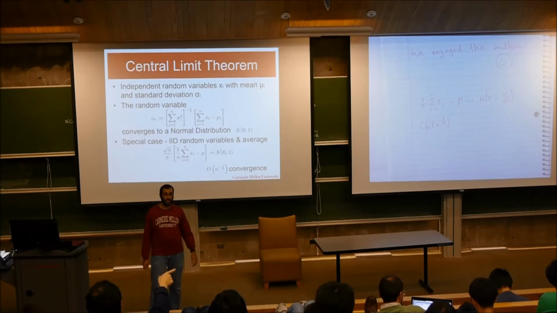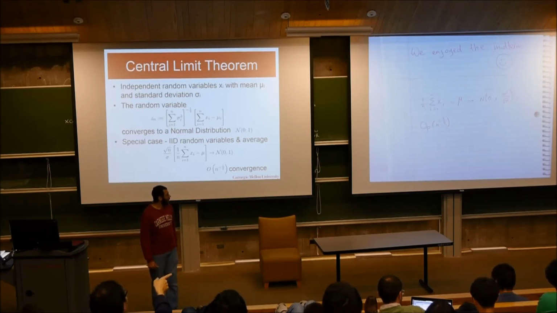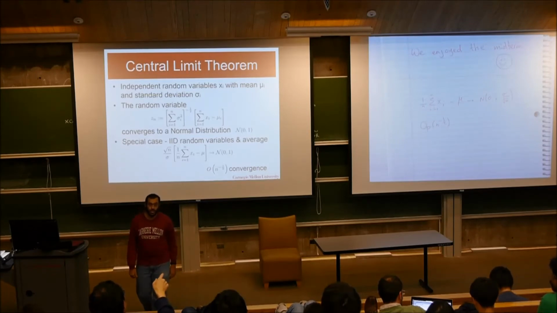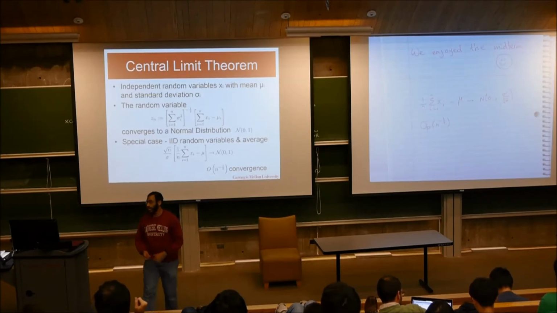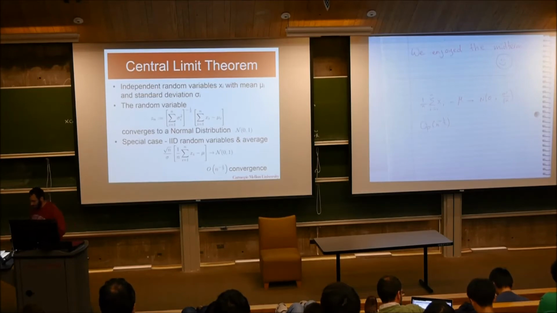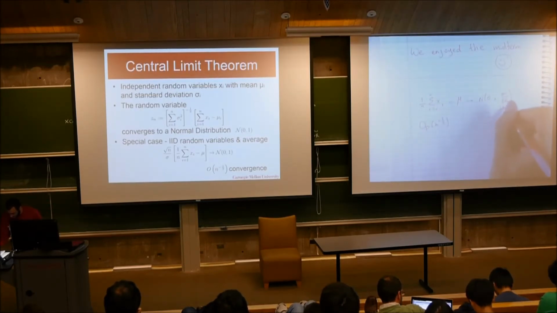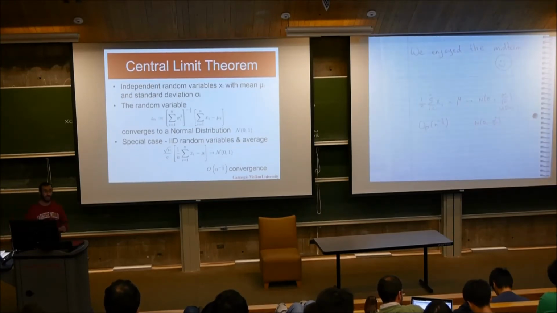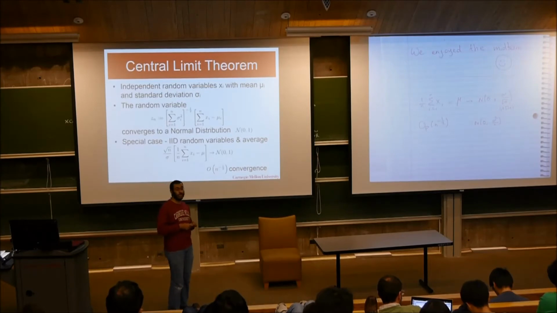Should it be sigma squared over n? Yeah, I'm writing the standard deviation here. The variance would be sigma squared over n.